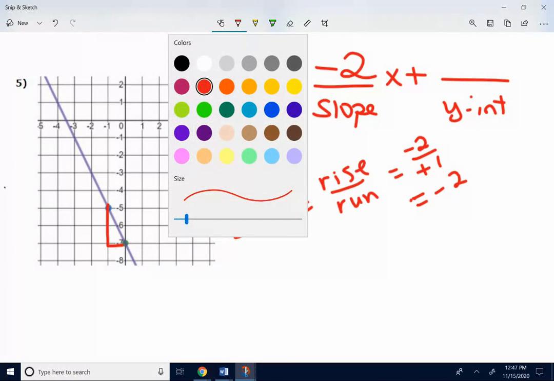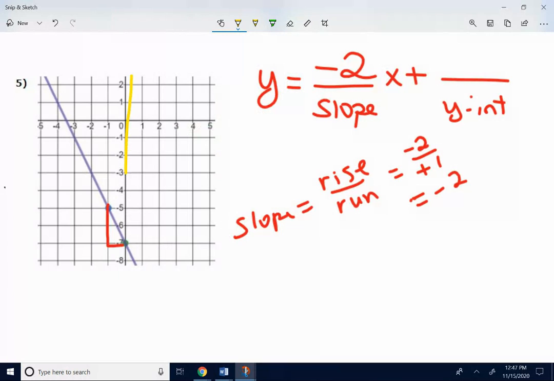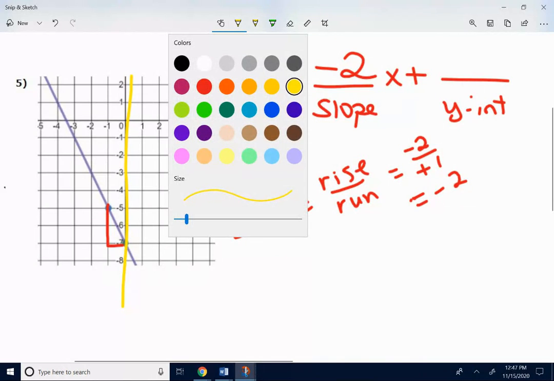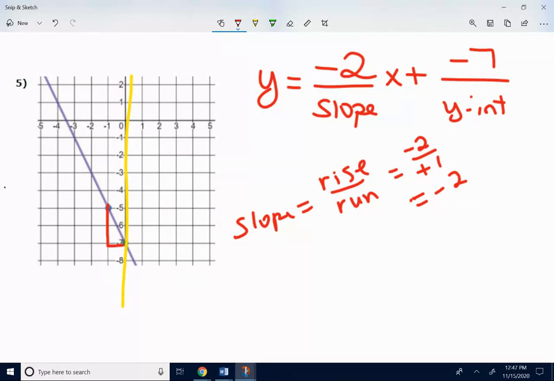Okay, the y-intercept just means where does my line cross over this y-axis? Okay, my purple line is crossing over the y-axis right there at negative 7. Negative 7. So my equation is y equals negative 2x plus negative 7. That's actually mathematically correct. But just like when we worked with expressions earlier in the year, if we had plus a negative, I said try to just think of it as a subtracted number.